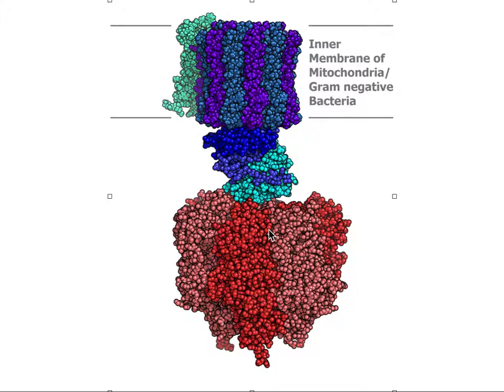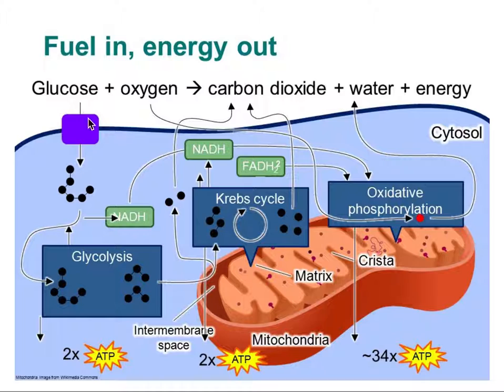So each rotation, 360 degrees, creates 3 ATPs, all driven by those hydrogens that want to flow back down their potential that we created using electrons that we stole off of originally that glucose molecule. So this is how we put fuel in the form of glucose and get energy out in the form of ATP.